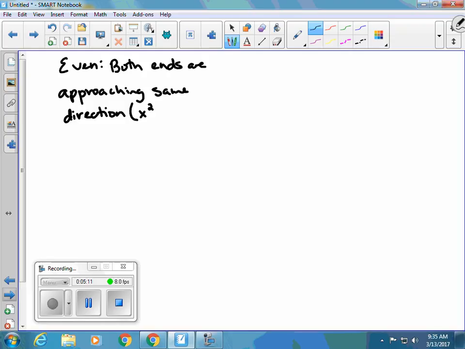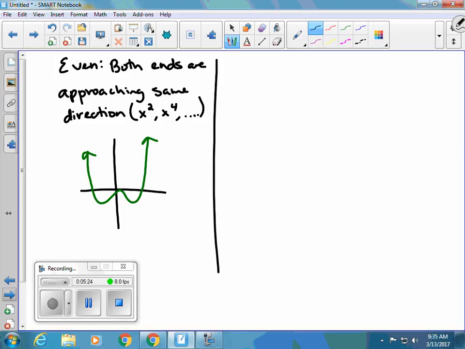So this would be like x squared, x to the fourth. Kind of have an idea there. Okay, what is meant by even? So it could look like this. But both of the arrows are going in the same direction.